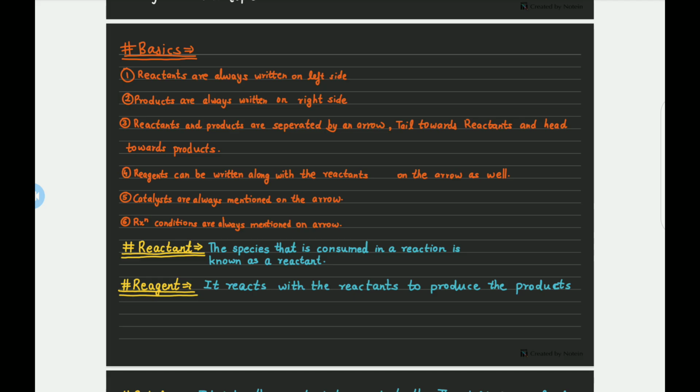Fifth, catalysts are always mentioned on the arrow. Sixth, reaction conditions are always mentioned on the arrow. Do you know that reagents can also be written along with the products, or they can be written on the arrow also?